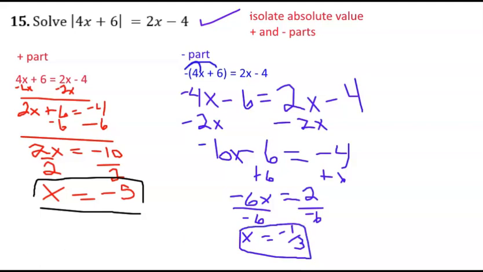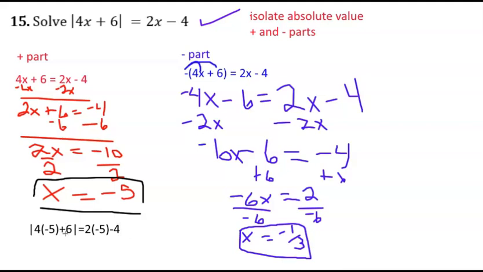From there, we'll plug it back into the original, see if it's a true or false statement for each. So we'll have 4 times -5 plus 6 equals 2 times -5 minus 4.